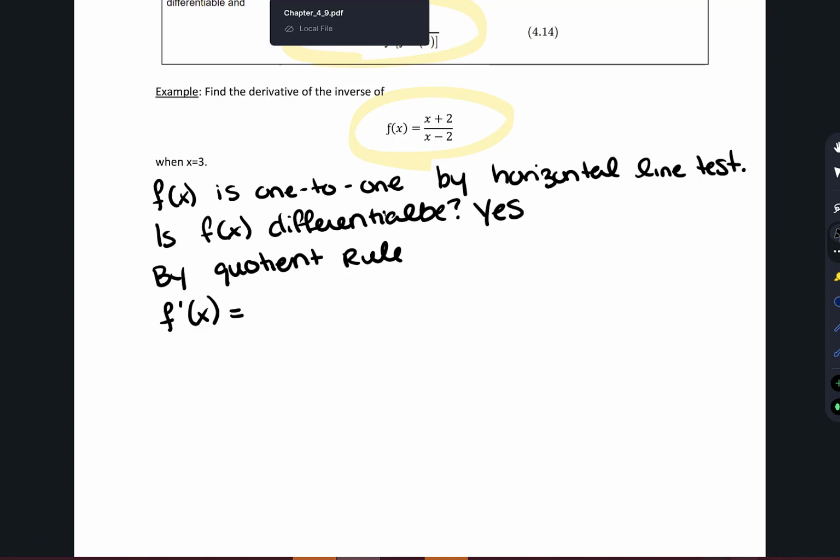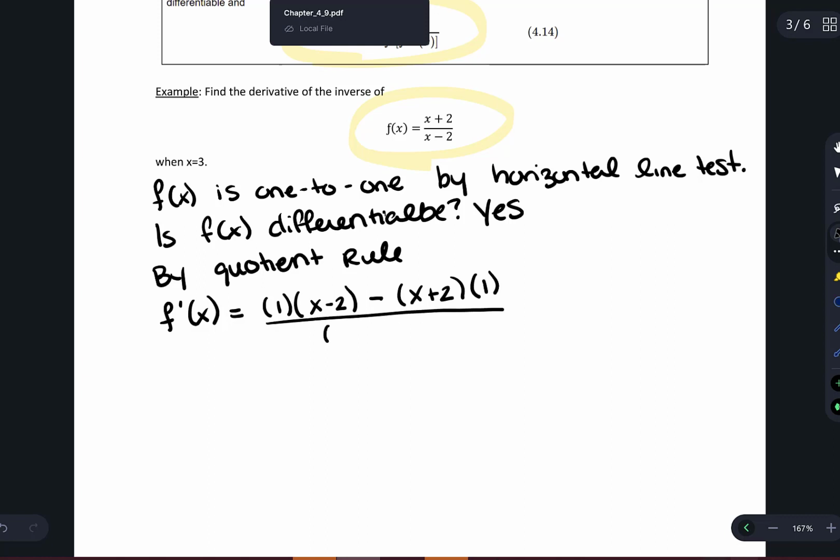So we take the derivative of the first function, which is just equal to 1, multiplied by the second function, minus the first function, times the derivative with respect to x of the second function, all divided by the second function squared. And now let's go through and simplify this. Notice we have x minus 2 minus x minus 2 all over x minus 2 squared, which is equal to minus 4 over x minus 2 squared.